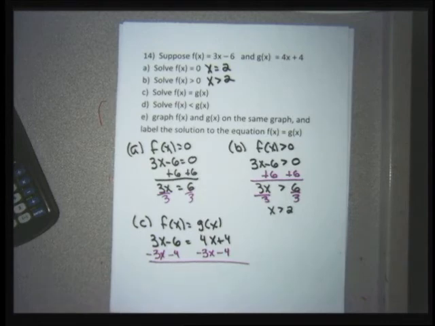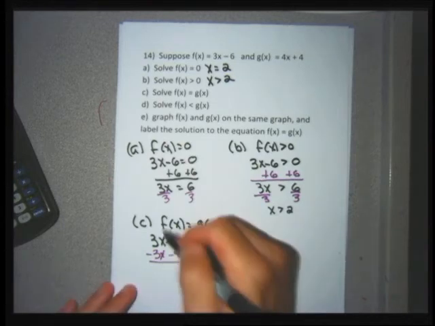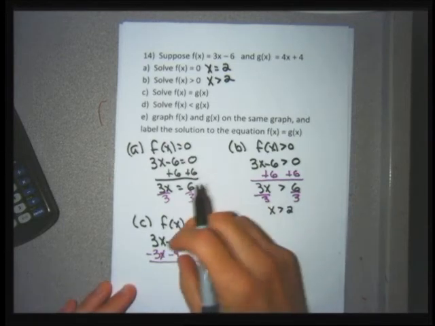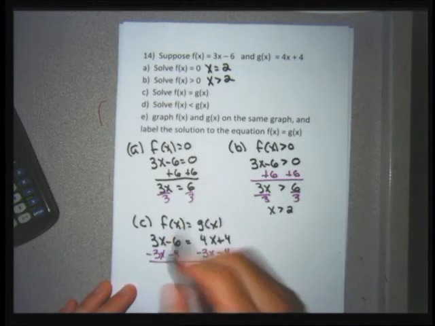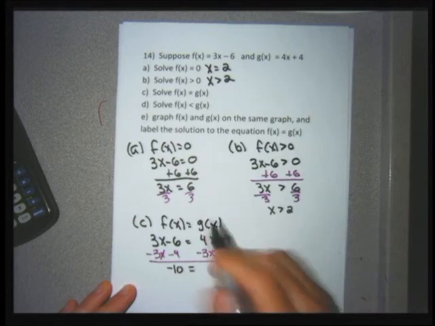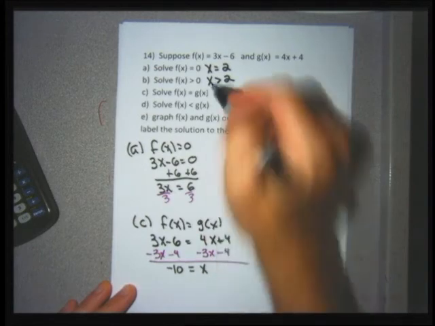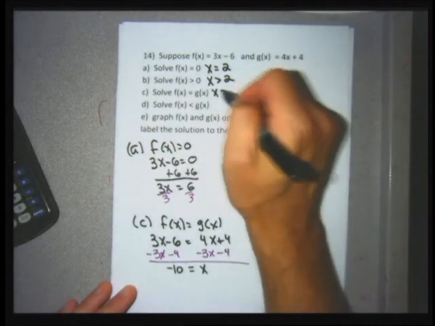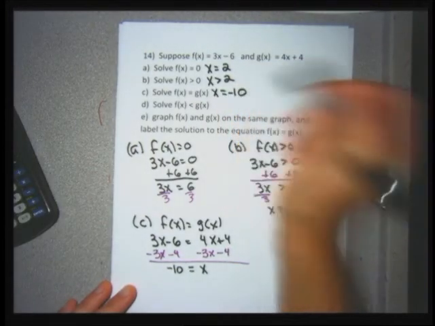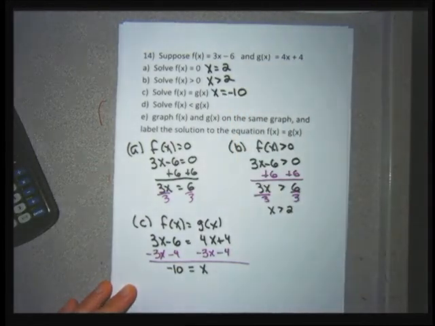If I subtract 4x, I was going to get a minus x, and I'd have to do an extra step. So subtracting 3x cancels the x's from the left side. On the left side, the 6 and the 4 have the same sign, so I add those and keep them negative. On the right side, 4x minus 3x is 1x, and the 4's cancel. So again, I get x equal to negative 10 for the answer to part C.